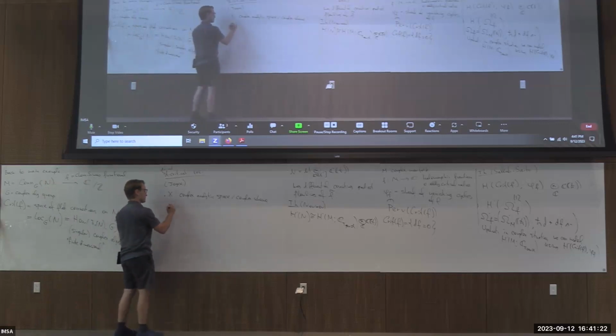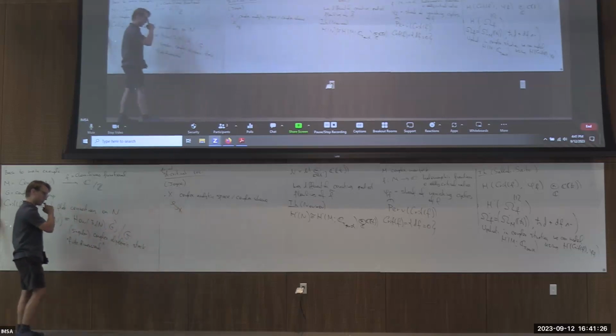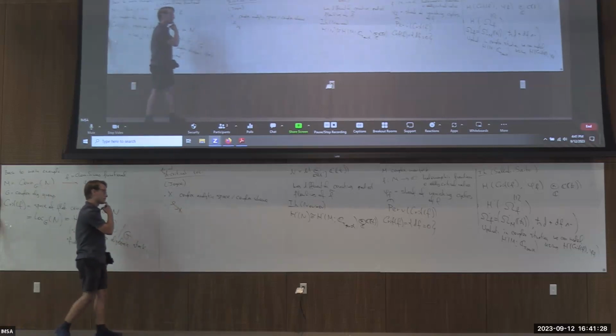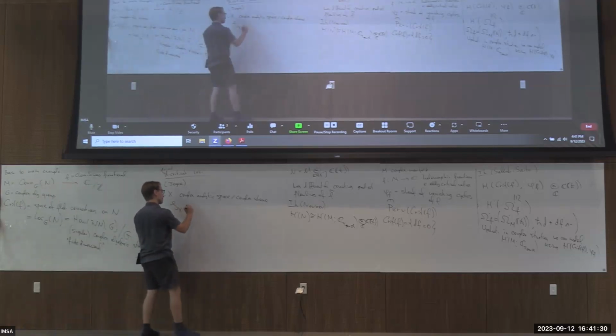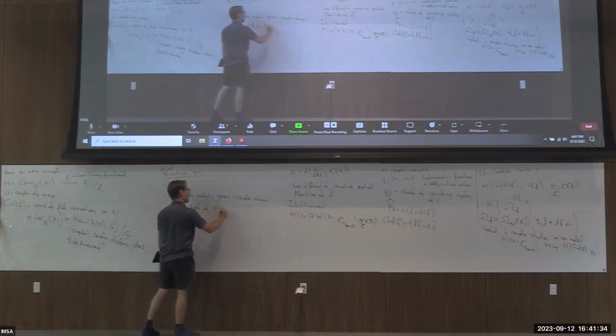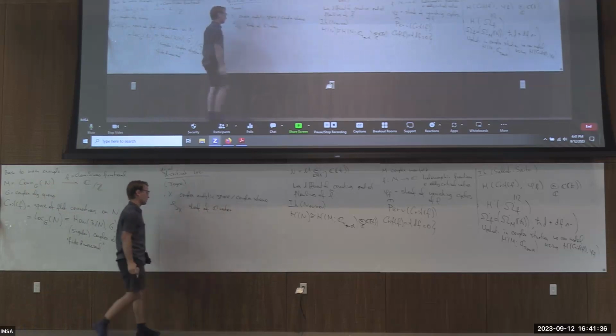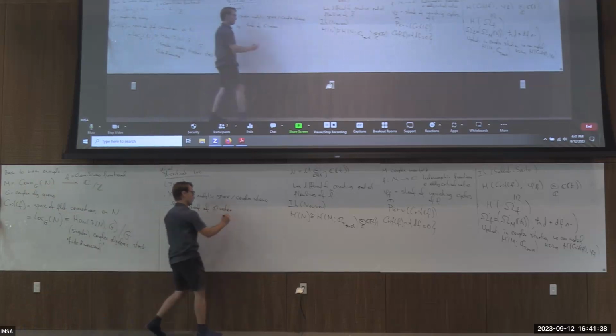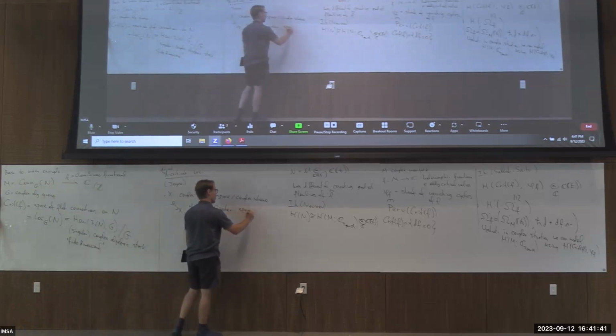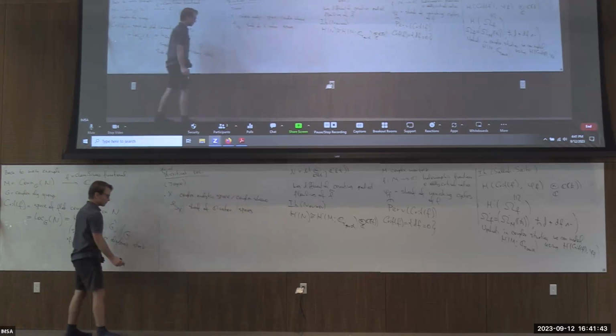In this case, you can define a certain natural sheaf, which I'll call F_X. Let me explain how to think about this sheaf.